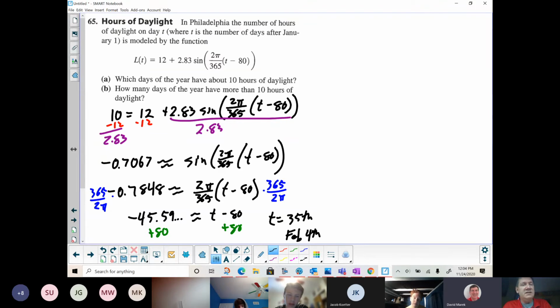The number of hours of daylight is getting shorter and shorter, and it will continue to get shorter until right around Christmas time. Then we have the winter solstice, and from that point on, the number of hours of daylight starts getting greater and greater. It amuses me when I hear people say, oh, the days are getting shorter. No, they're not. They're all 24 hours long. Stop saying stuff like that. What you mean is the number of hours of daylight.